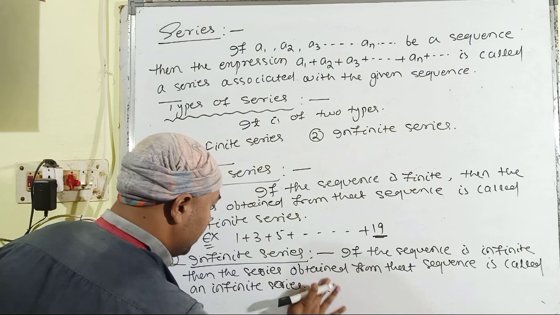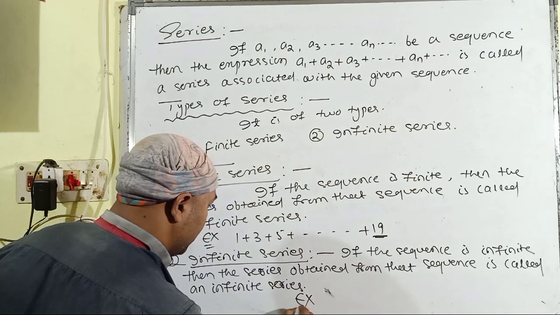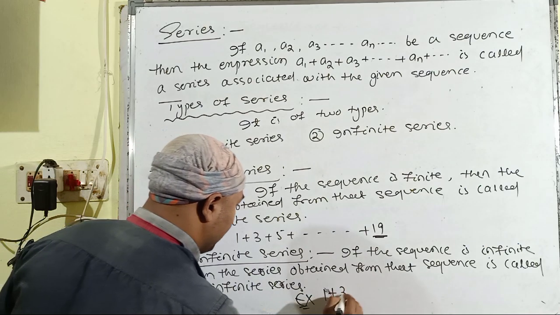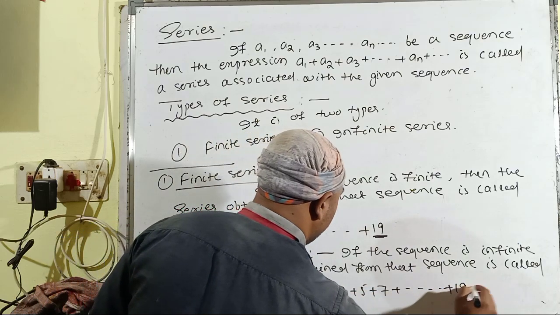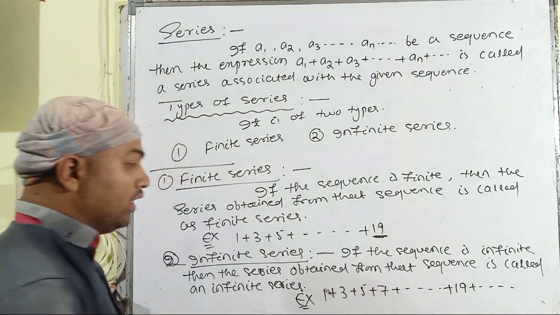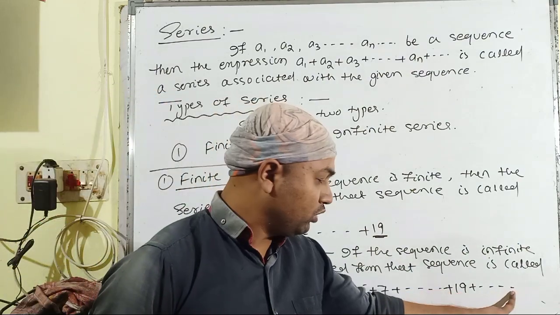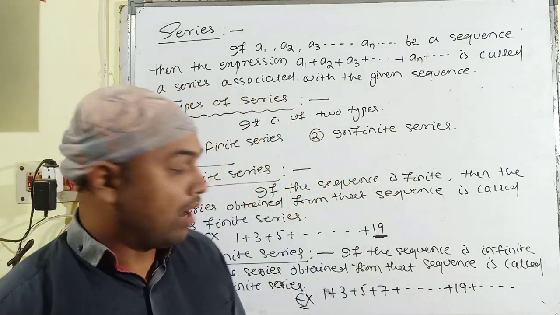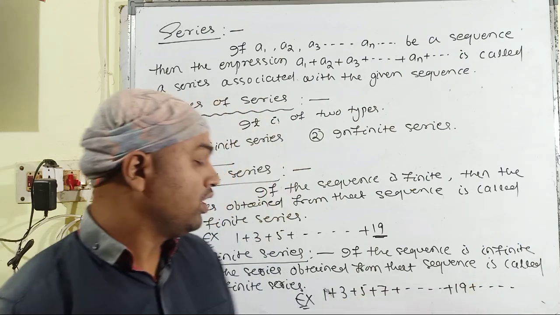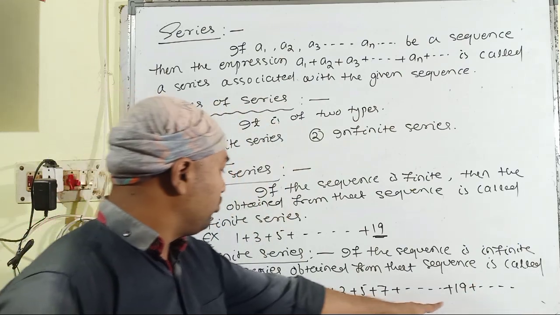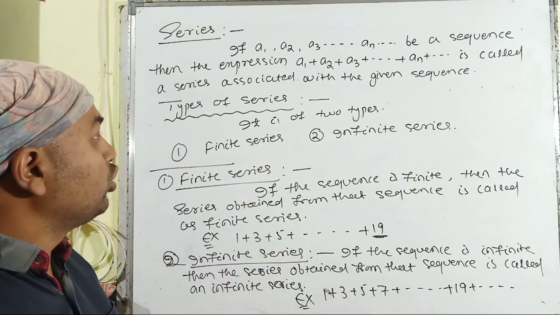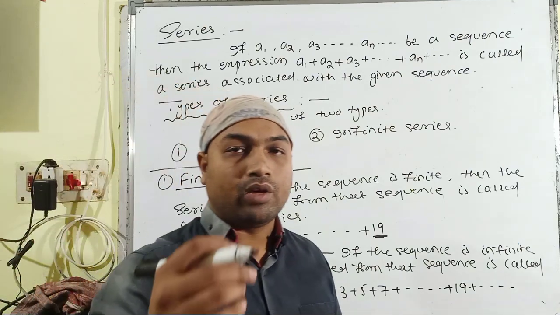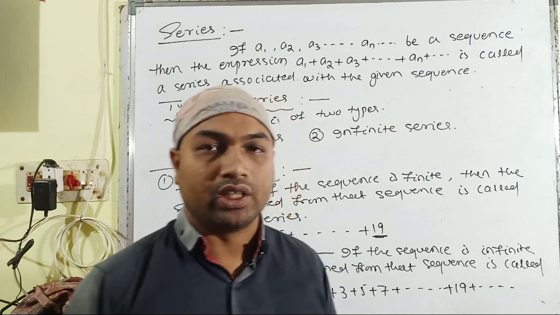Example, you can take 1 plus 3 plus 5 plus 7 plus ... plus 19 plus ... That means there exist some more terms after the term 19. Due to this reason, you can call it an infinite series. So that is all about the topic of series and types of series.